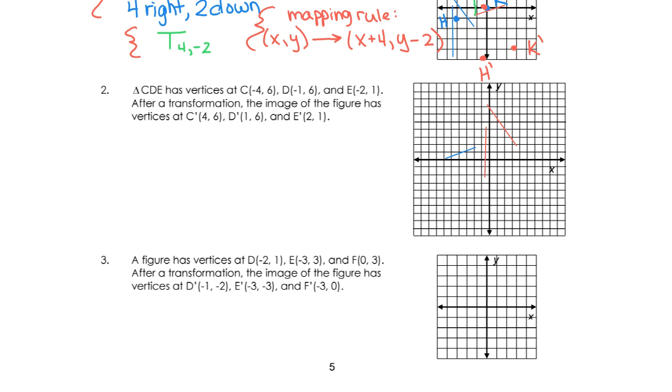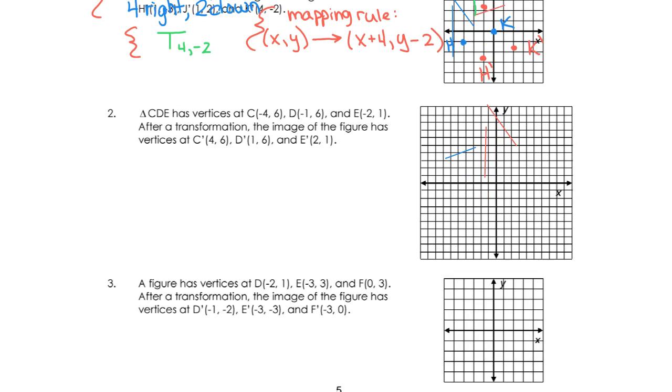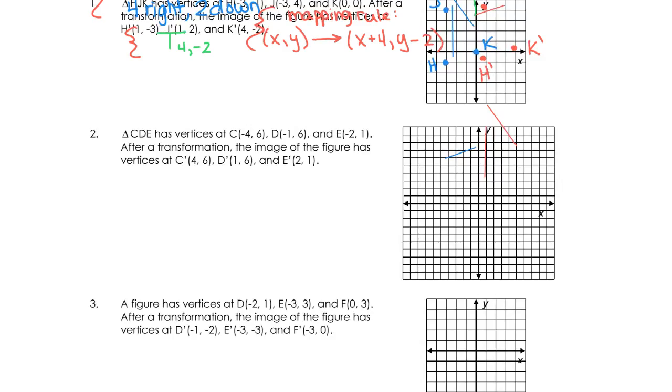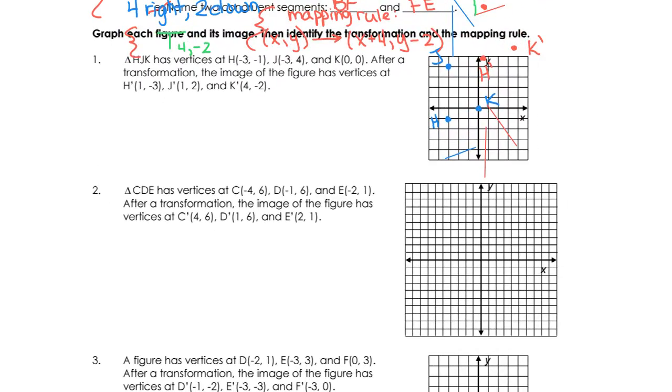They're kind of in my way. Technology. No, I can't erase them either. Interesting. Well, I guess we'll just do number 2 down here. And hopefully the same thing doesn't happen.